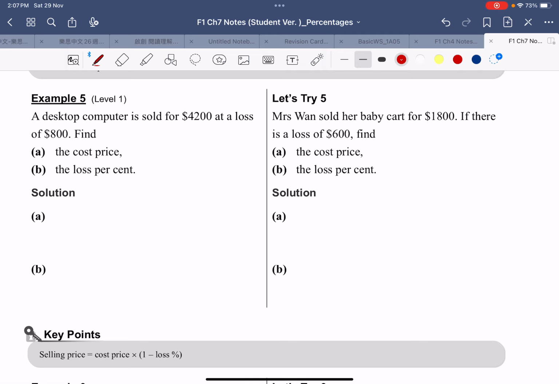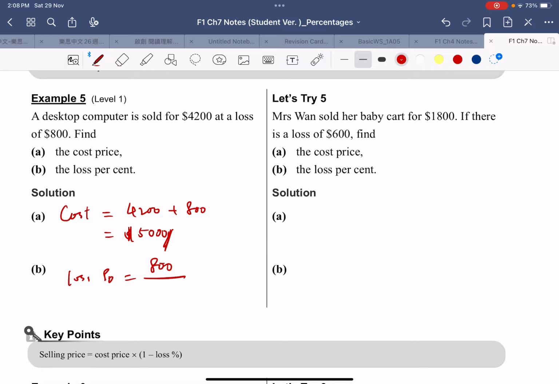Find the cost price. Cost, just write down cost equal to 4200 plus 800. So the cost will be 5000. So the loss percent equals, you lost 800 in the transaction, and always divide by the cost.